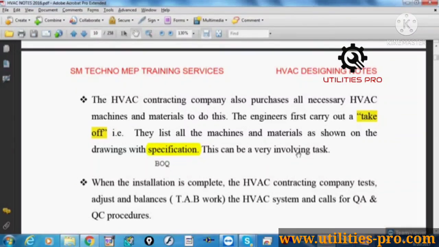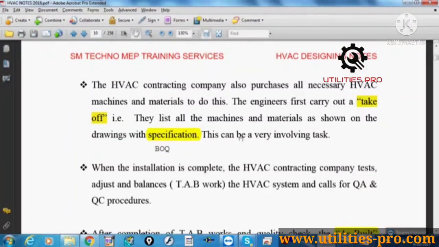Why last? Because before estimation we will teach you the systems, how to read the drawing, drafting, and calculations, etc., so that you are able to deal with estimation easily. Estimation is not lengthy, but it requires all this knowledge. So at the end you'll find the estimation module in this course.